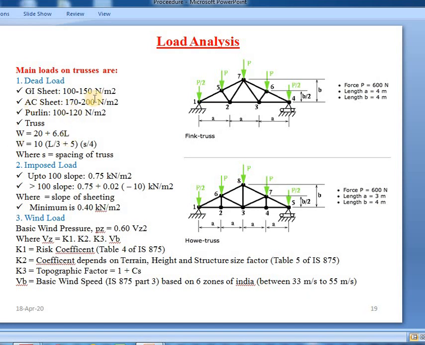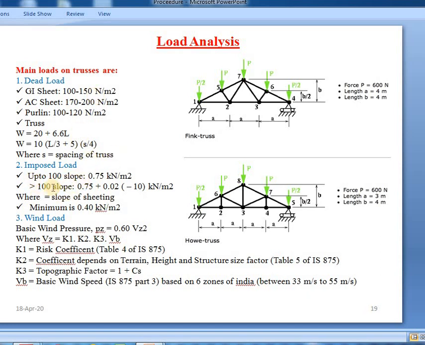You should remember all these ranges, because these values are available in IS 875 part 1. Dead load is nothing but IS 875 part 1. For your external exams, IS 875 part 1 is not allowed. For that reason you should remember all these, not only for the external exam, for competitive exams also you should remember these ranges, then only you can solve the problem.